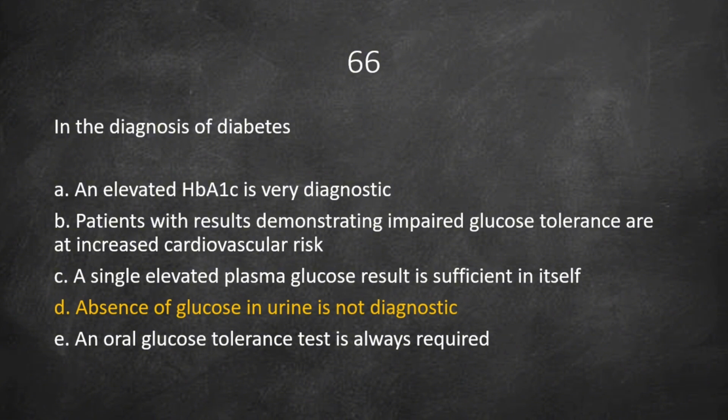Option A is partially correct. It's not fully correct, because an elevated HbA1c is a useful diagnostic criterion for diabetes. However, HbA1c reflects average blood glucose levels over the past 2 to 3 months, and levels of 6.5% or higher are an indicator of diagnosis.